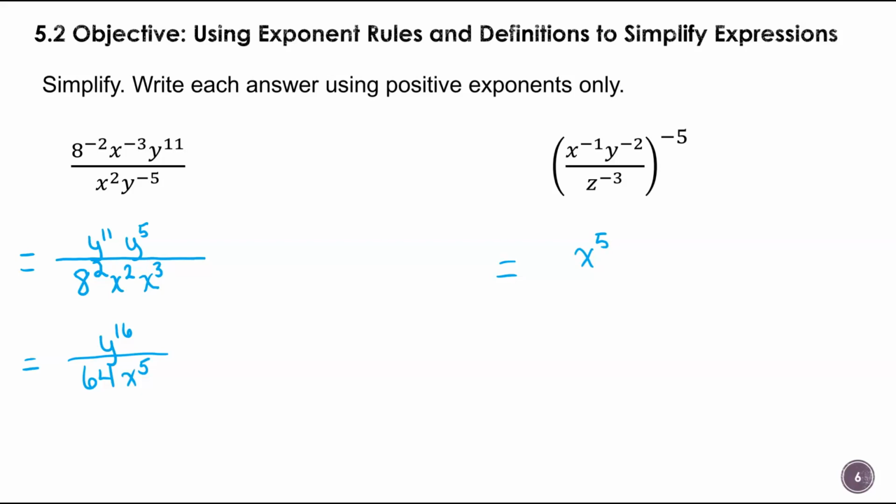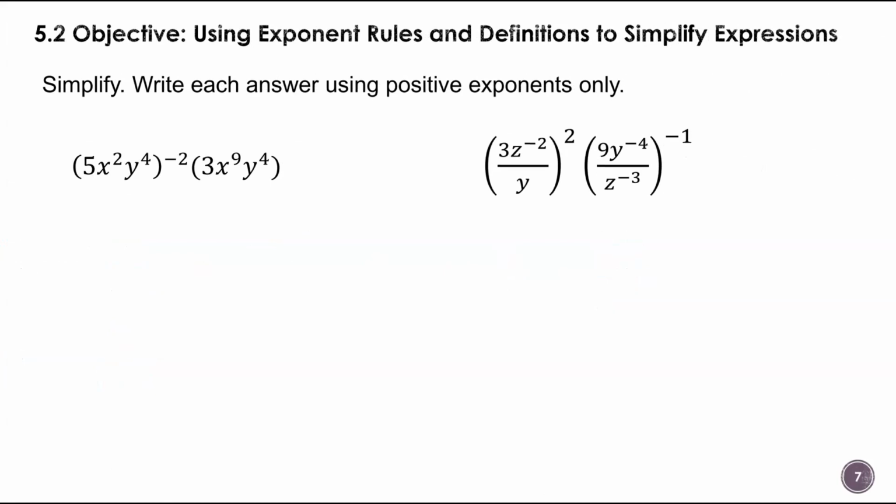On the y, it's negative 2 times negative 5. And then we have z to the negative 3 times negative 5. And we're finished with that problem. So that's pretty quick when that happens. We can't combine anything because my bases are x, y, and z, so they're not the same.